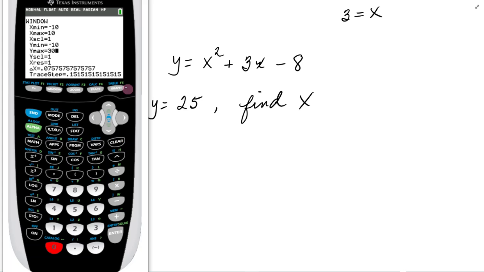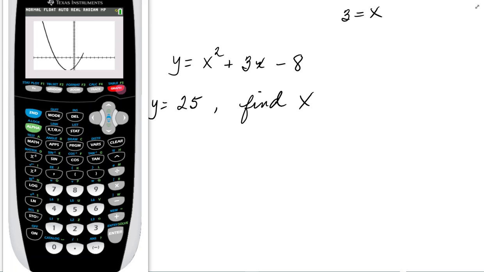I'd like it to exceed what I need to see. So let's see. There's the parabola again. There we go. Now, given that y is 25, find x. Well, it seems like when y is 25, there is an x here, but there is another x here. So I may get 2 answers, 2 intersections.